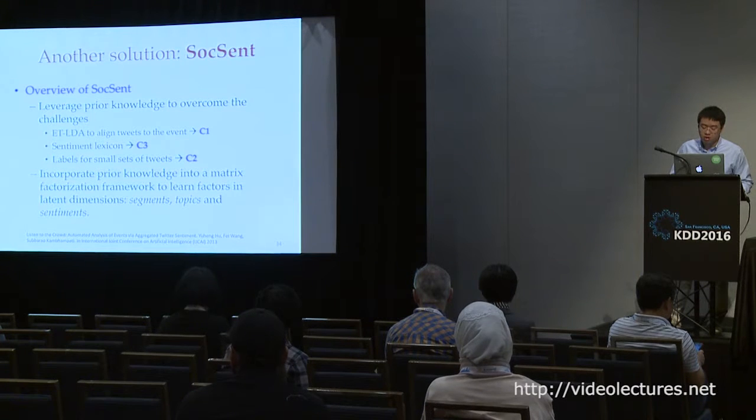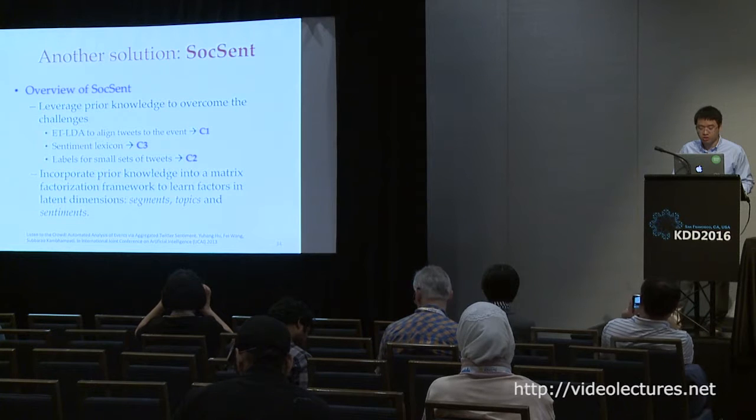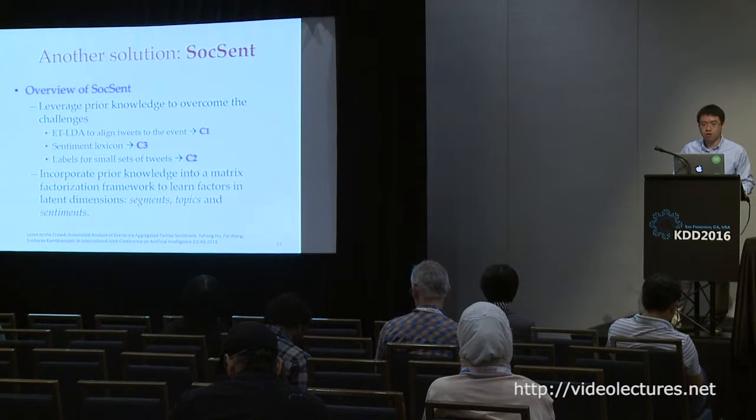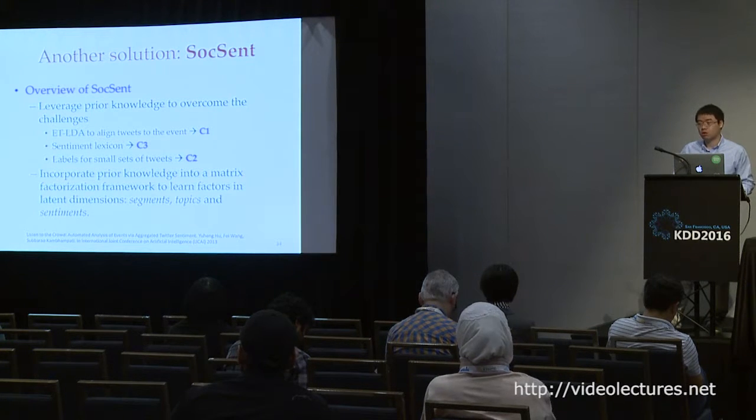We use ETLDA as prior knowledge to align the tweets to the event. And we use a domain-specific sentiment lexicon to overcome the third challenge, which is the model staleness challenge. In this model, we only require a few labels for a small set of tweets. So essentially, SOCSENT can be viewed as a semi-supervised learning approach.